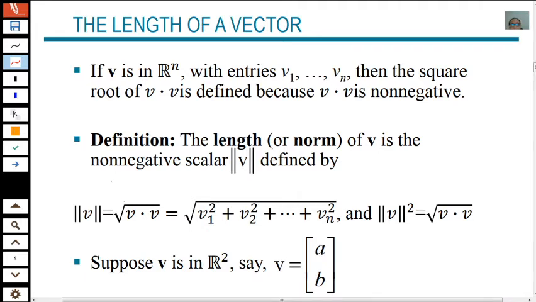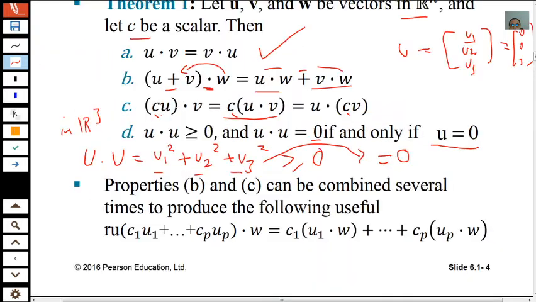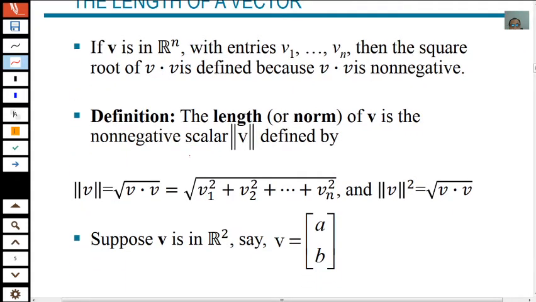If v is in Rn with entries v1 through vn, then the square root of v dot v is defined because v dot product v is non-negative, as we saw here. This has a special name, which is said to be the length or norm of the vector v.